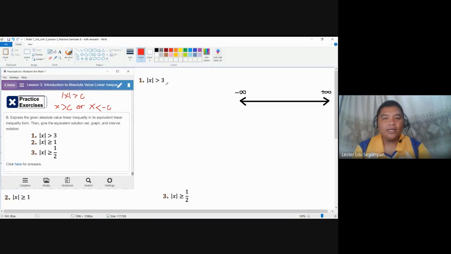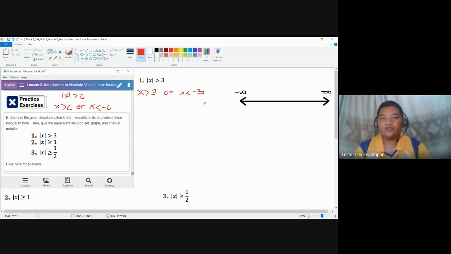For number 1, the value of c, the constant, is 3. By copying the general form, we have x is greater than positive 3 or x is less than negative 3.